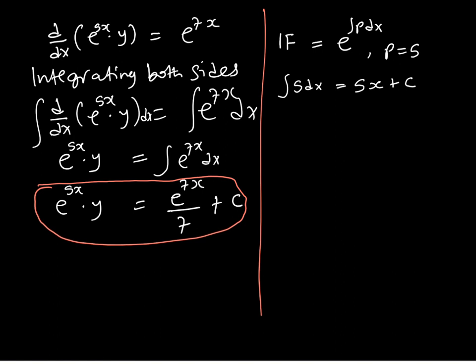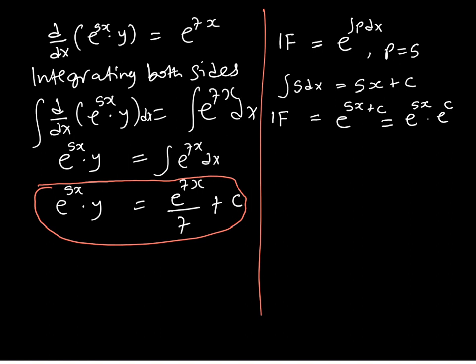Okay, suppose I keep my constant. The integrating factor will be equal to e to the 5x plus c. And you know, in indices, you add the powers when it is a product of numbers of the same base. So this is e to the 5x times e to the power of the constant.